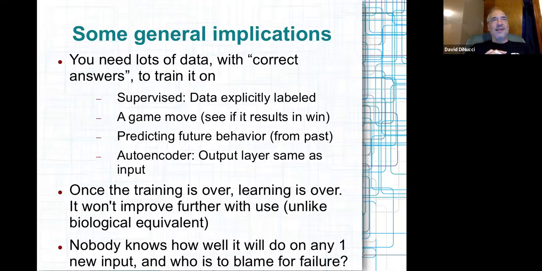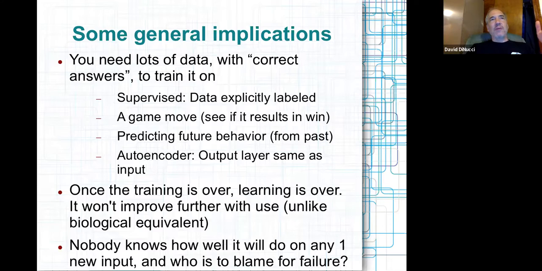Now, this is one thing I should mention. The hidden layer in one of these networks is almost always much smaller than the input layer or the output layer. That means that the network basically has to generalize. That's why it finds these features. It has to find features because it cannot just represent the entire input on the hidden layer.